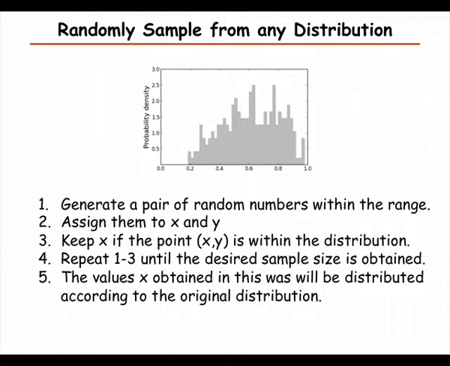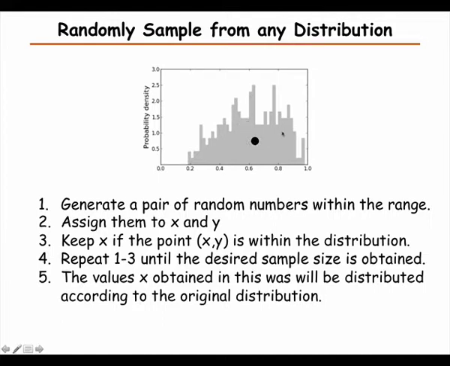So here we generate a pair of random numbers, and we generate it so that it's within the range. So we generate the x value within the range of our distribution and the y value within the range of y values that we have.